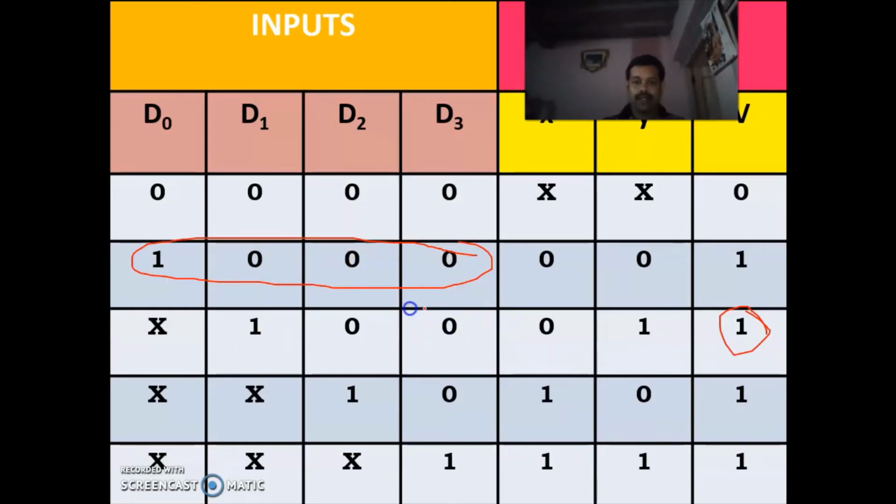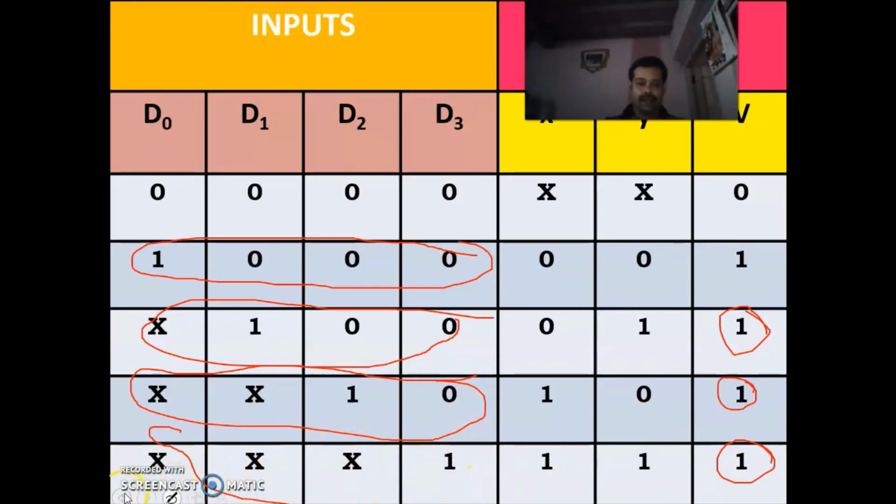Then we are having 1 in the place of X 1 0 0. Then we are having 1 in the place of X X 1 0. Then we are having 1 in the place of X X X 1. So in these places you are having 1.